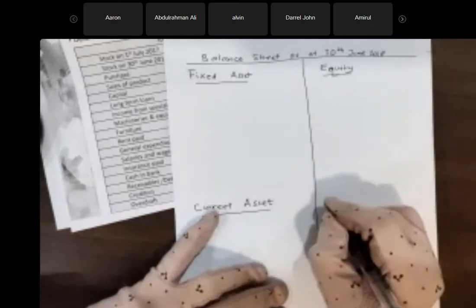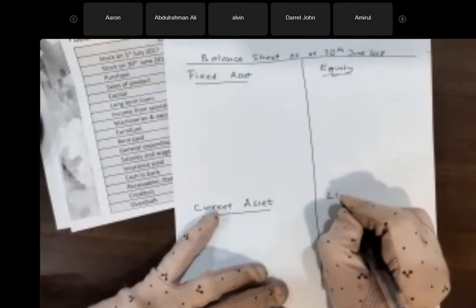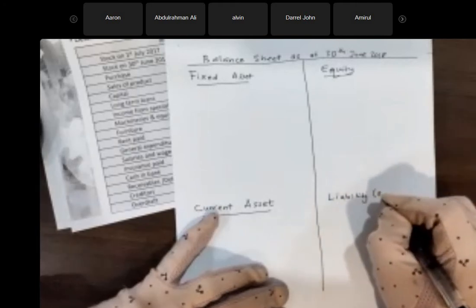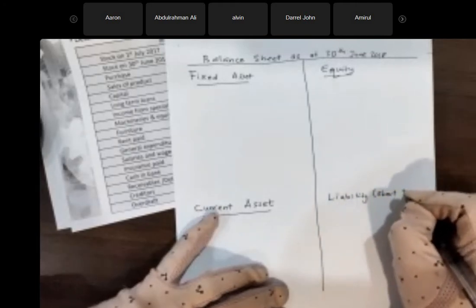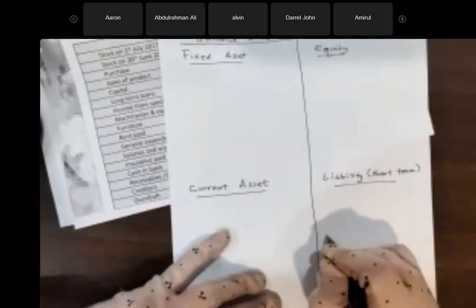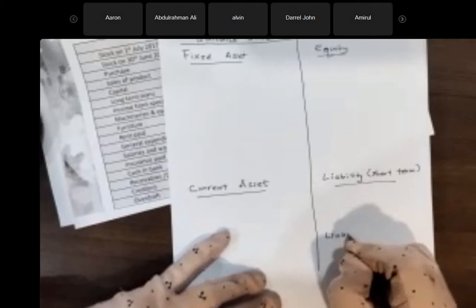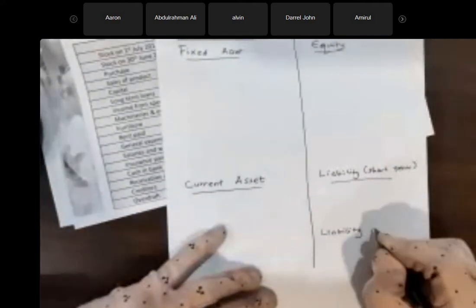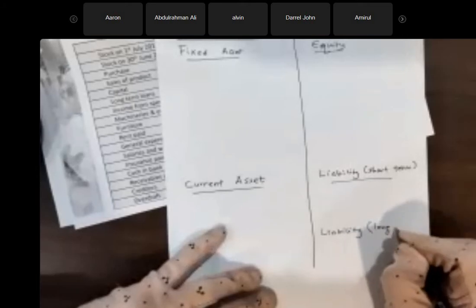Liability short term. Okay, liability. Okay, we have two types of liability. For the first is short term. Okay, and then the second one is long term. Yes, Faizal. Long term.